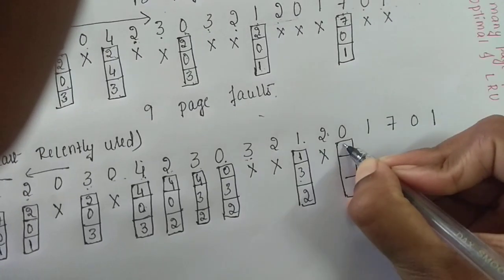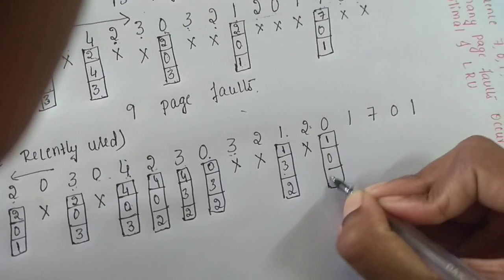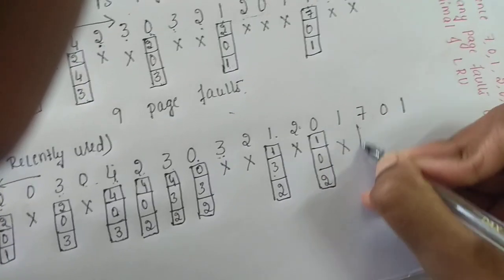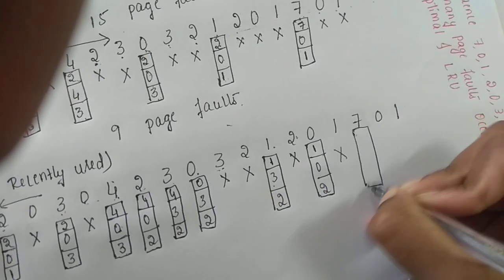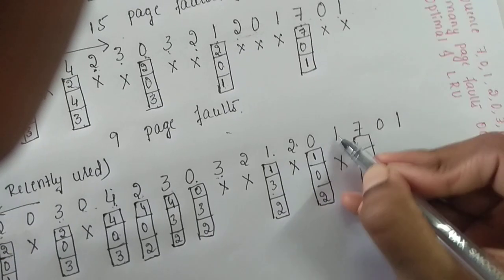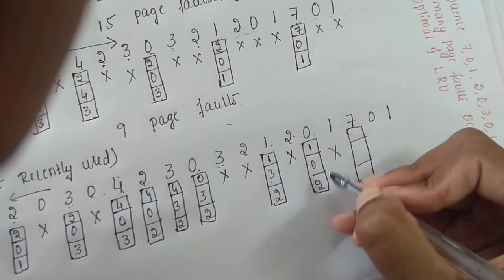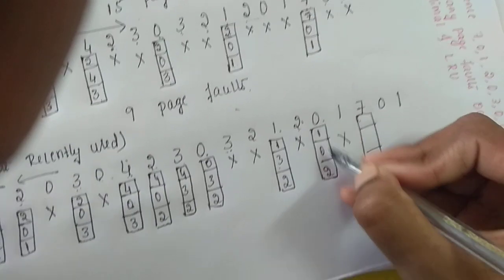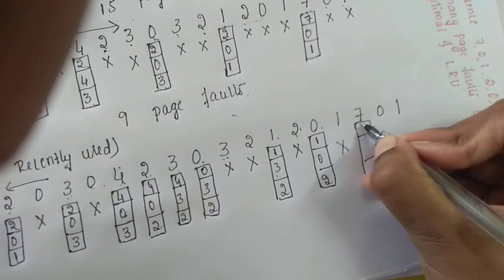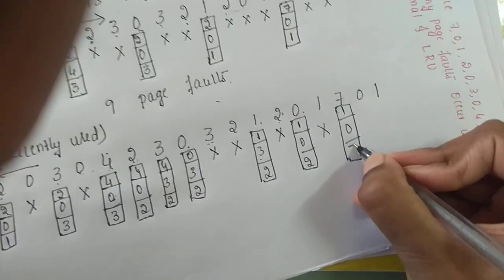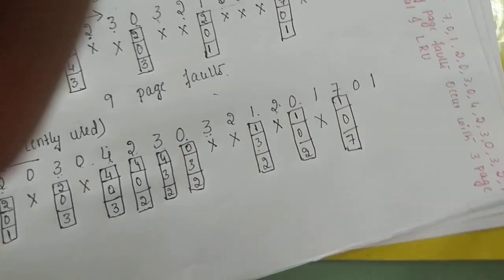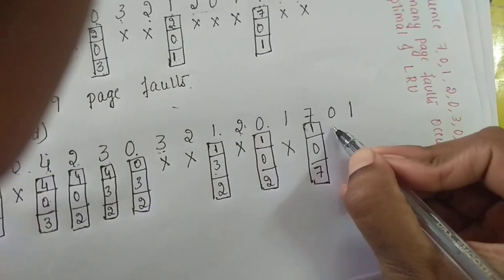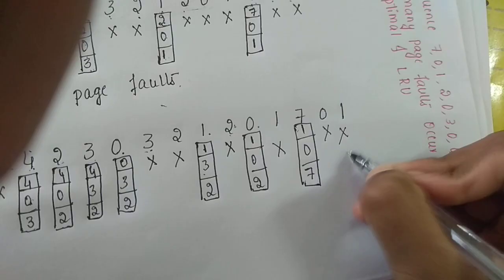So here 1, 0, 2. 1 I don't want, I want 7. Whom do I replace? 1 is here itself, 0 is here and 2 is in the last place compared to these 3. So I'm going to replace 2 with 7. 0 is already there, don't want, 1 is also there.